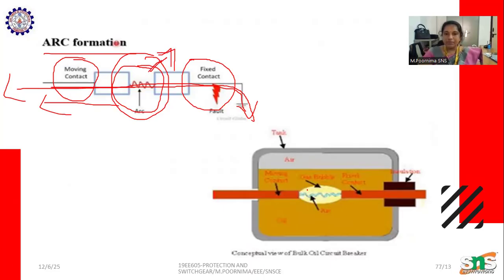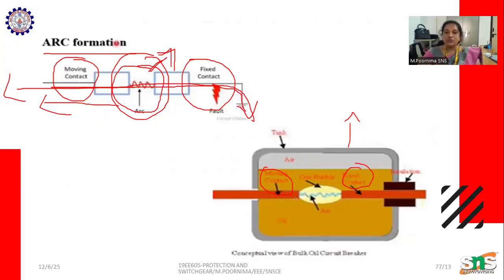Here we can see this image. We have a fixed contact and a moving contact, placed inside a closed tank. The tank may be filled with gas or oil or whatever it may be, and this medium is used to reduce the arc formation.